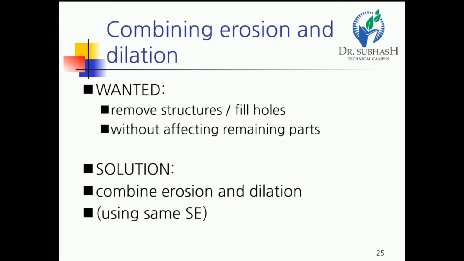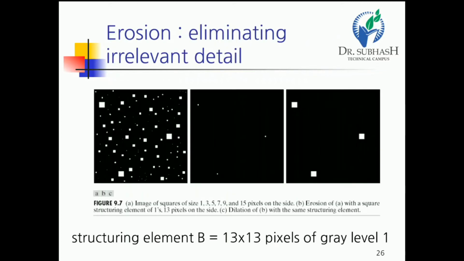So one thing to always remember: we can never affect the remaining parts of the image. The solution is to combine erosion and dilation using the same structuring elements. Erosion eliminates irrelevant details. In this image, the squares have sizes of 1, 3, 5, 7, 9 and 15 pixels.